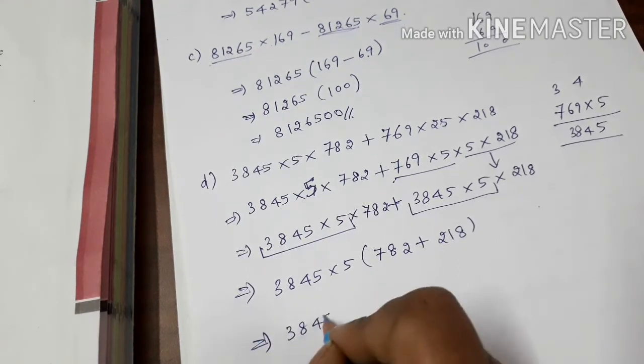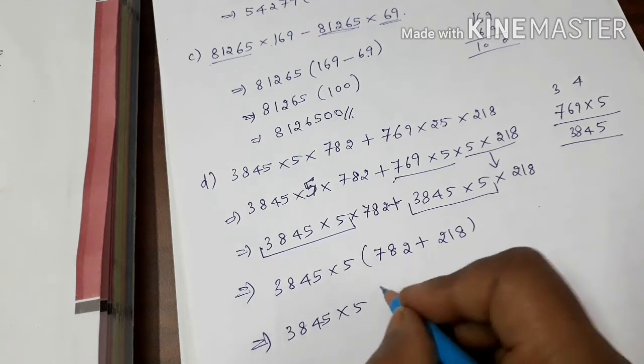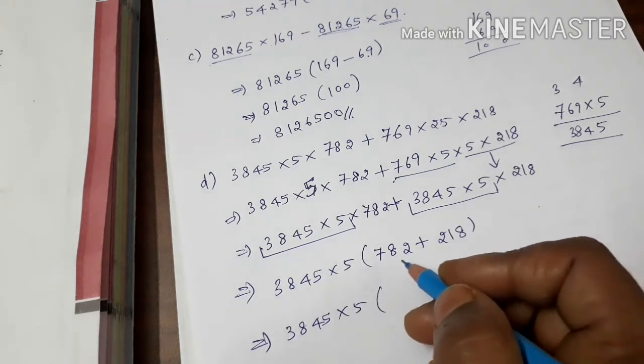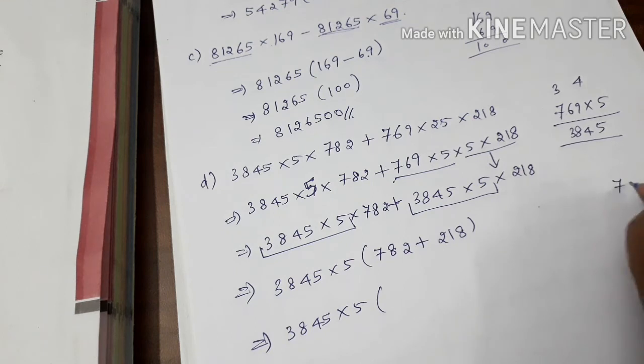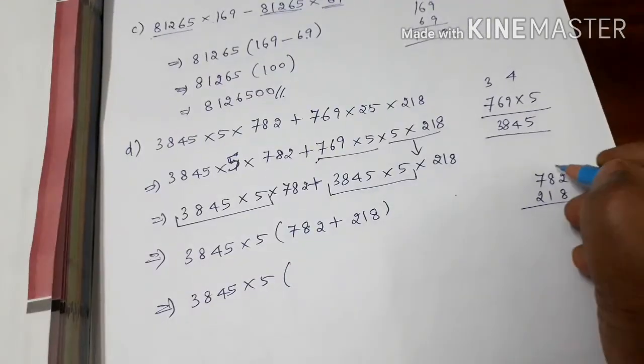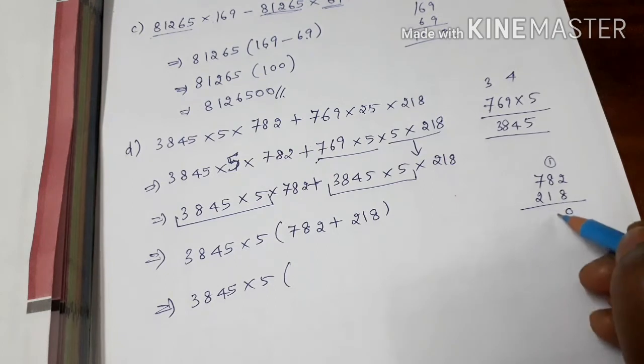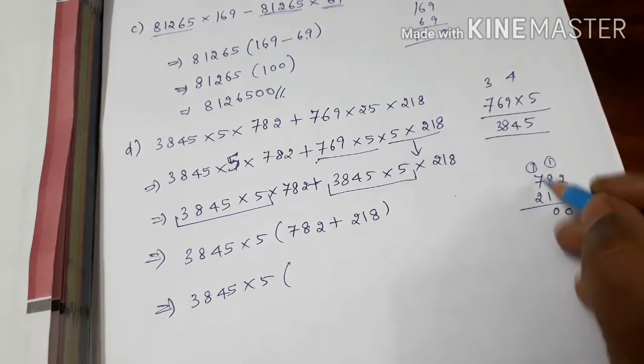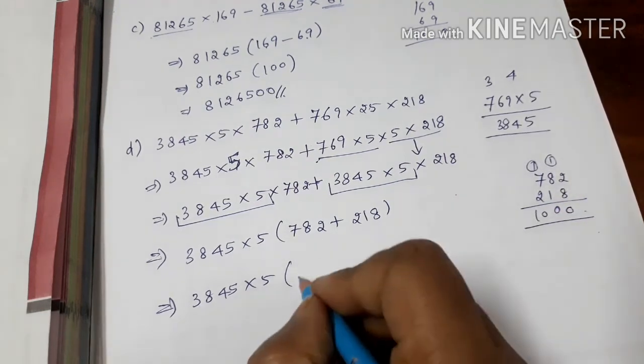We are adding 782 and 218: 8 plus 2, 0, remaining 1; 10, remaining 1; 10. Here 1000.